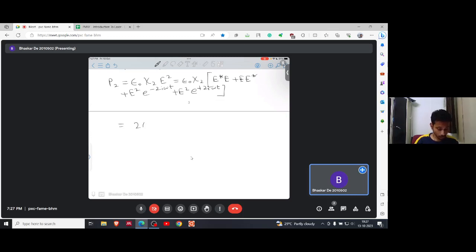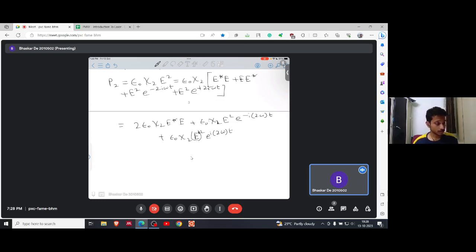This can be written as 2 epsilon naught chi2 E star E plus epsilon naught chi2 E squared e to the minus 2i omega t plus epsilon naught chi2 E star squared e to the 2i omega t.